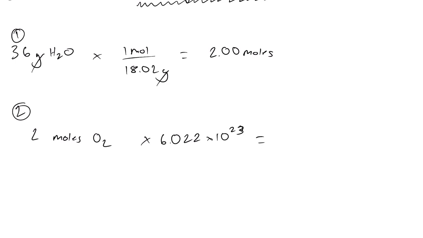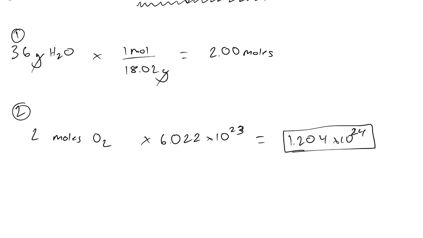And when you plug that into the calculator, you're left with 1.204 times 10 to the 24. That's how many atoms are in 2 moles of oxygen, technically not O2.